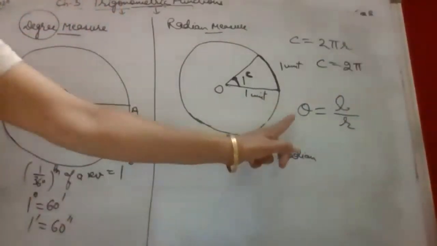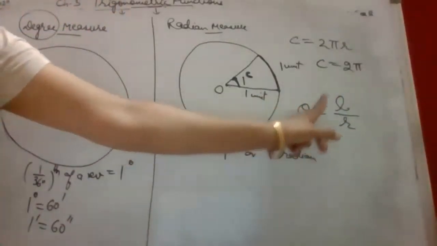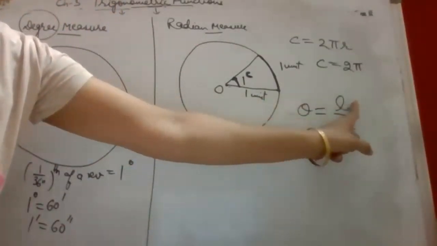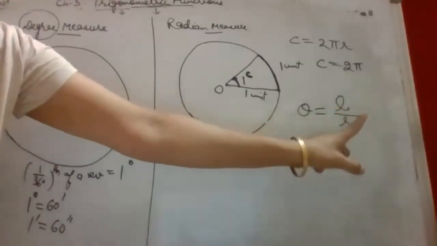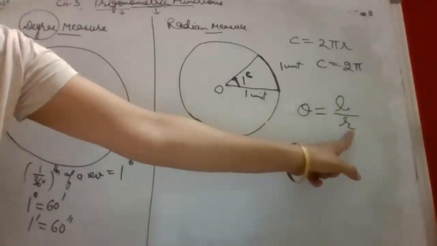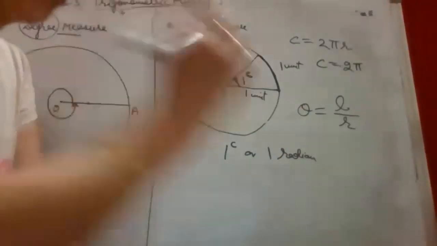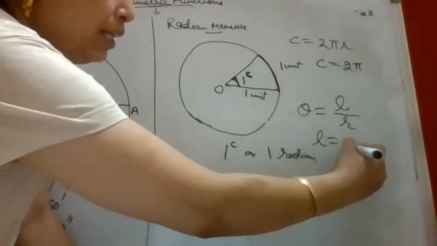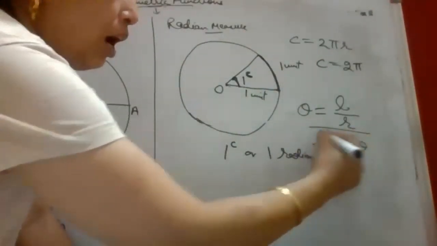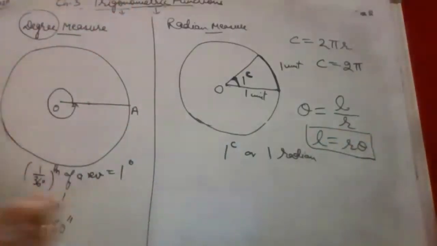So theta is the angle subtended at the center by a 1 unit length arc when a 1 unit radius is taken. From here we have another formula: arc length is equal to r into theta, and theta here is in terms of radians.